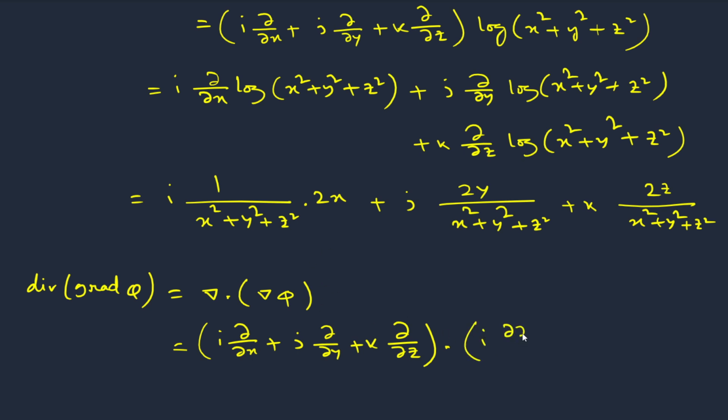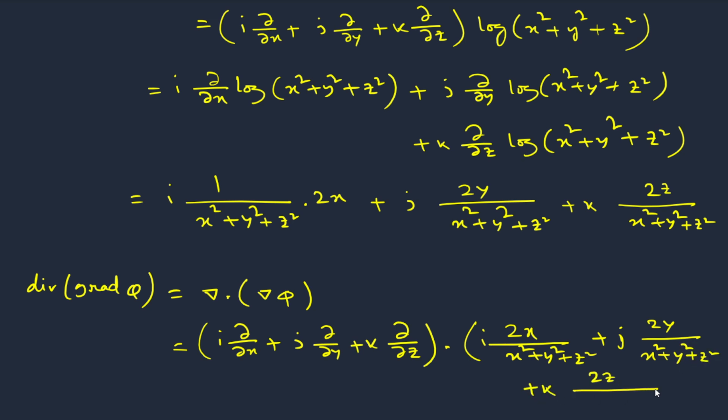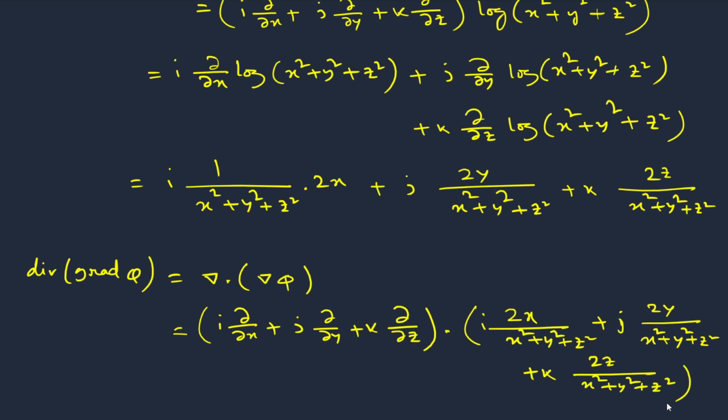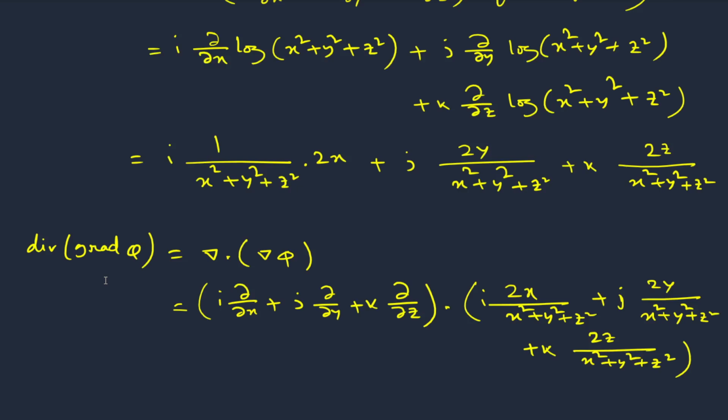So it's i twice x divided by x square plus y square plus z square plus j twice y by x square plus y square plus z square, and then k twice z by x square plus y square plus z square. Okay, now we have to find the dot product.